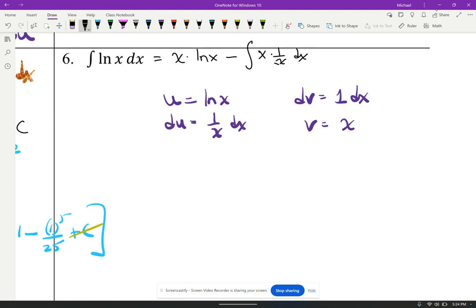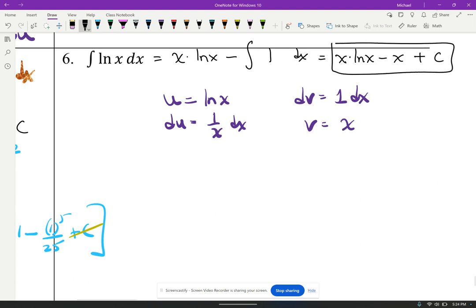Oh, but v du is going to reduce down, if I have x times 1 over x, that's going to reduce down to 1. And so my answer is x times natural log of x minus x plus c.